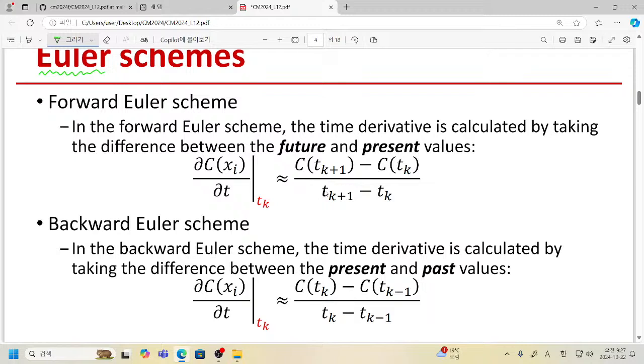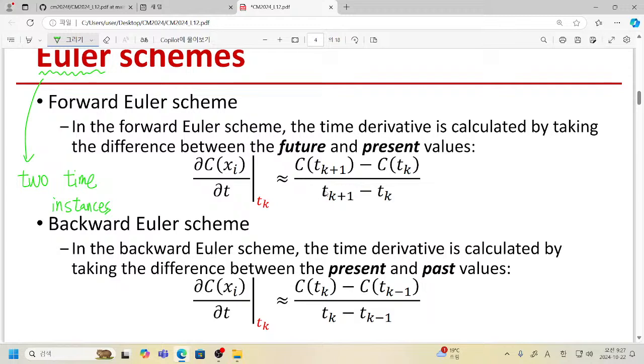Euler here is the name of a famous mathematician. The reason why we call it the Euler scheme is that this scheme considers only two time instances.